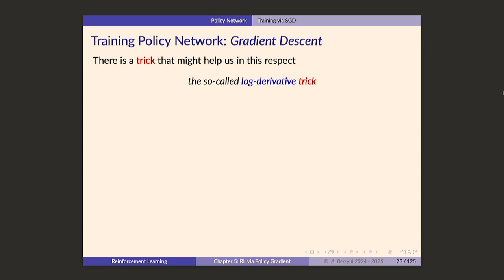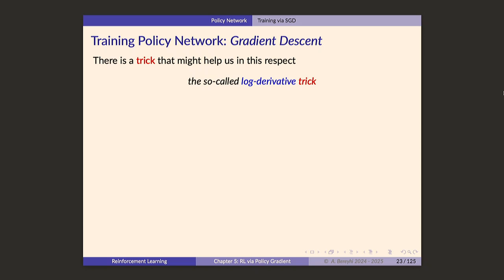I could say, instead of f, I compute the derivative of log of f. What is the derivative of log of f? It's 1 over f times the derivative of f with respect to x, right?